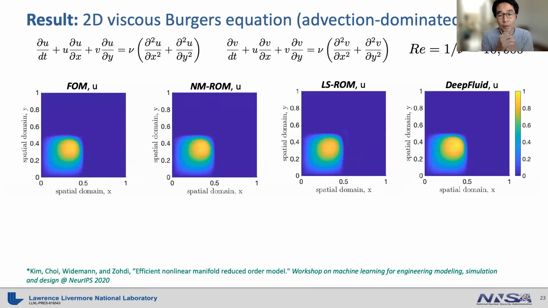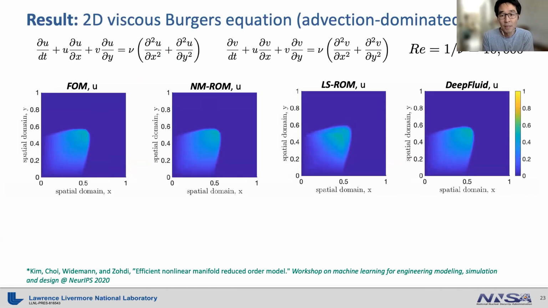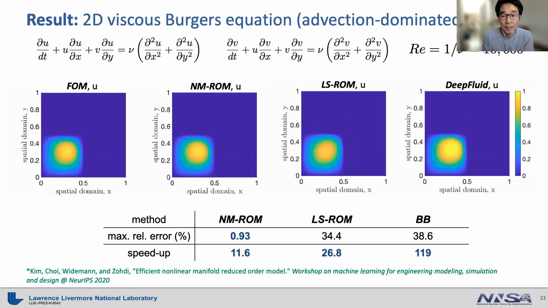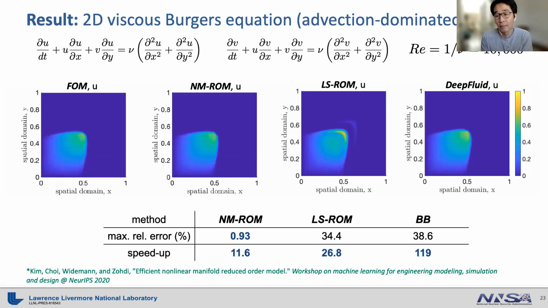Okay, so here we compare the performance of all the surrogate models that I have introduced in this presentation, including the nonlinear manifold reduced model and NNROM. As you can see from the movie, NNROM and the full order model are almost identical to the eye. Quantitatively, the nonlinear manifold reduced model achieves less than 1% maximum relative error compared to the full order model solution.